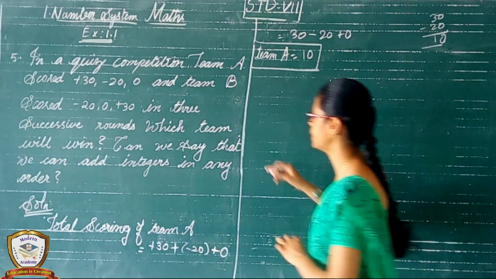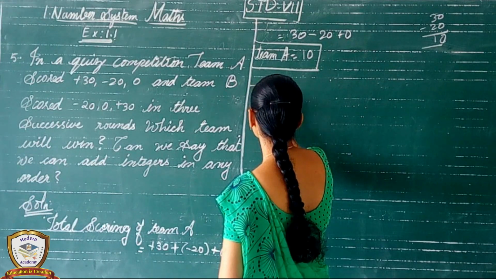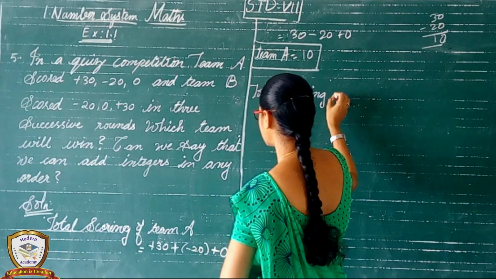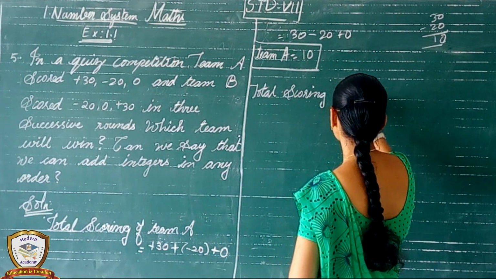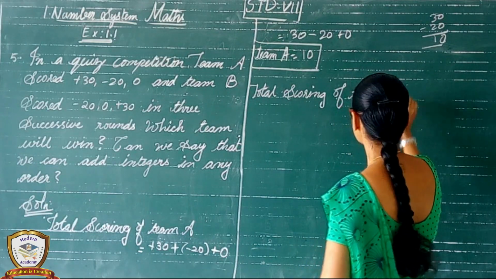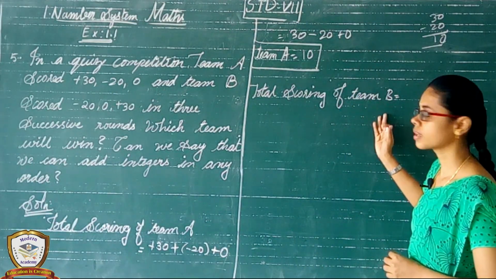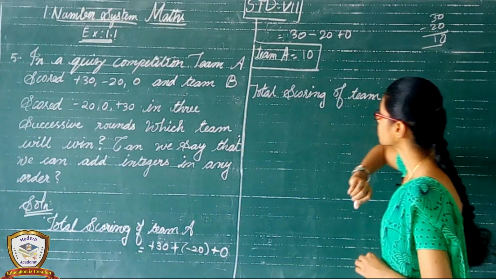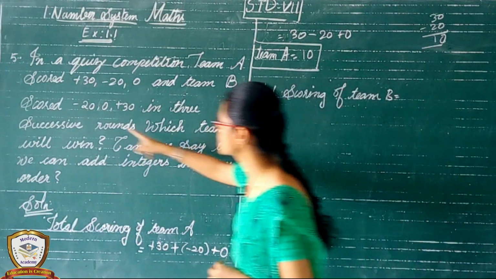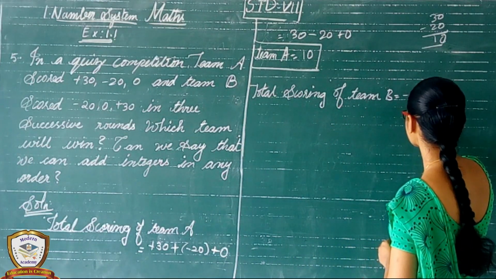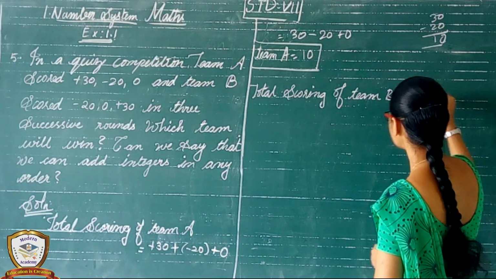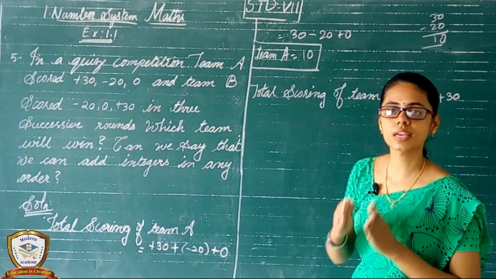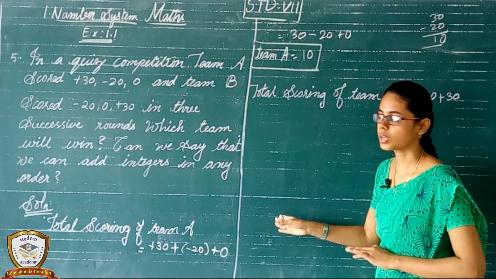And next, the total scoring of team B. See here, team B, what is given? Minus 20 plus 0 plus 30. Successive means next, so that is why we can add.